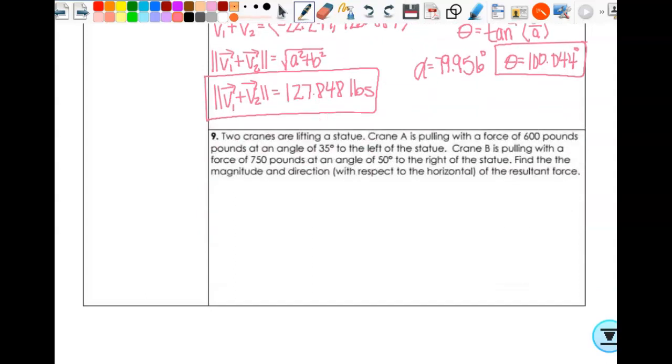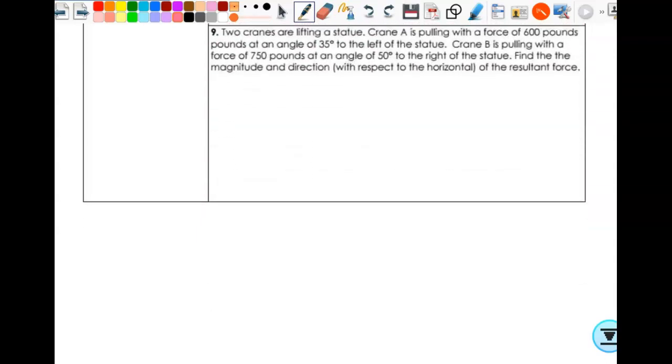All right, so on number 9, we're not going to do the whole thing. We're just going to find the angles. So we have 2 cranes lifting up a statue. And so here's my x and y axis. And so here's my statue. It's a really skinny statue. And crane A is pulling with a force of 600 pounds at an angle of 35 degrees to the left of the statue.